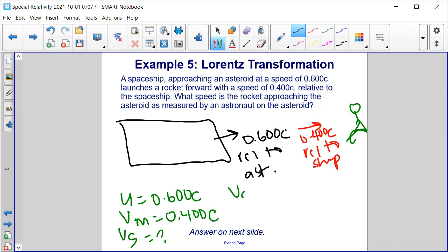That velocity is Vm plus u over 1 plus u Vm over c squared. So from here, all you need to do is substitute values. I'm going to stop here on this slide, and on the next slide, I'll show all the work of substituting these values and getting to our answer.